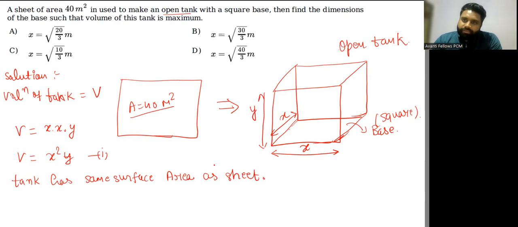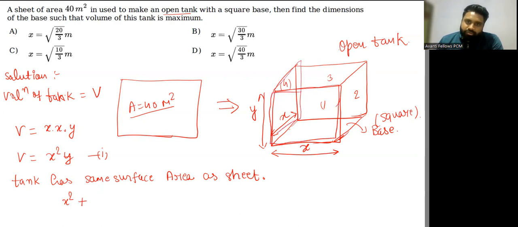Okay. Now what is the surface area of this? You have a square base and four other planes, 1, 2, 3, and 4. So the surface area of this base is x square, x into x, plus the surface area of this plane, which is x into y.